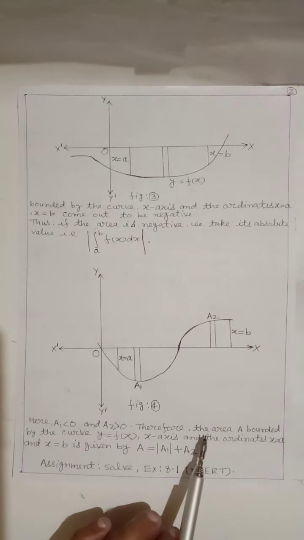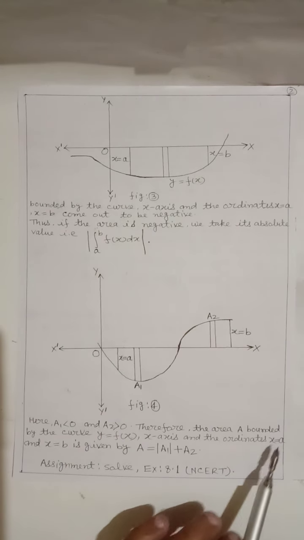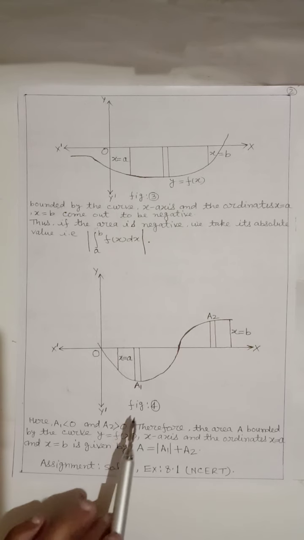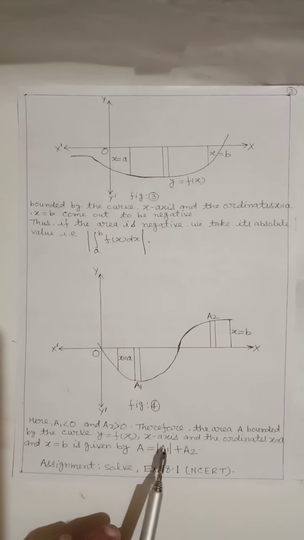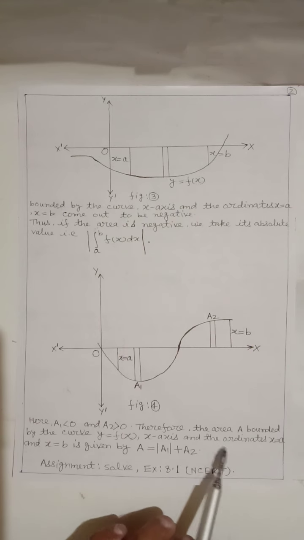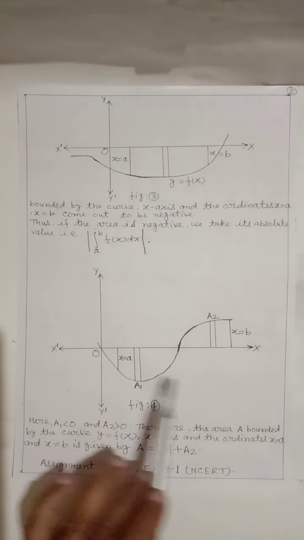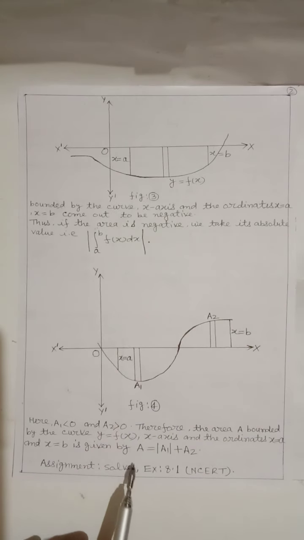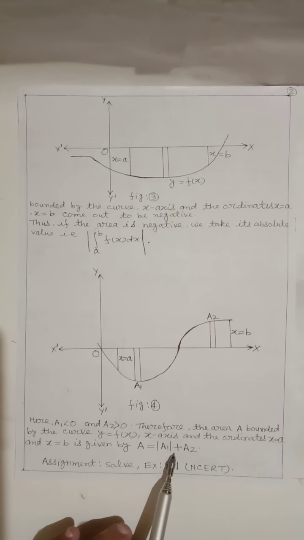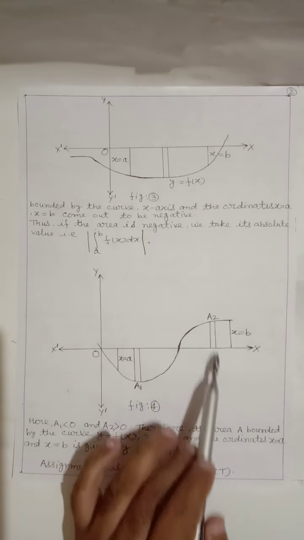Therefore the area A bounded by the curve y equal to f(x), the x-axis and the ordinates x equal to a, x equal to b, is given by A equal to mod of A1 plus A2.